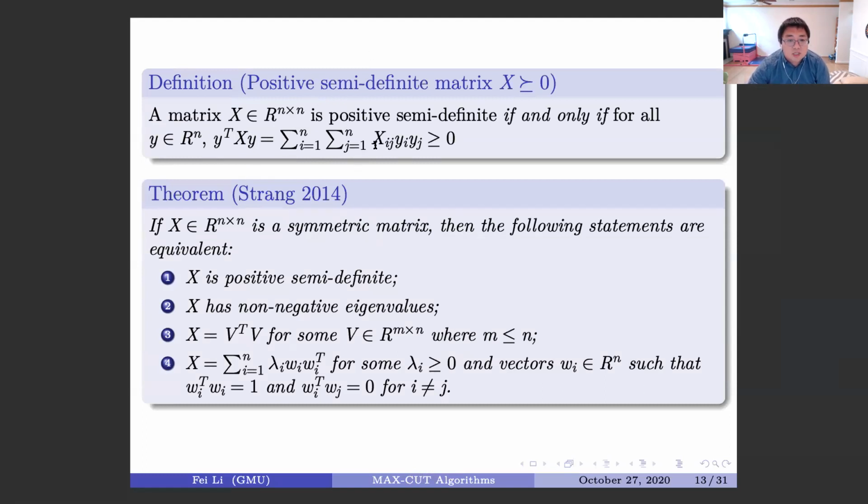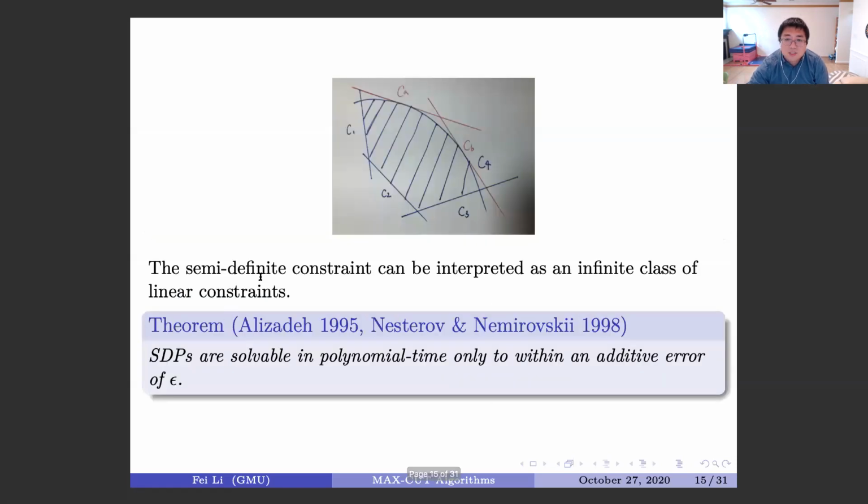This condition is equivalent to saying that the matrix X can be decomposed into V transpose times V. Each column of this V could be regarded as one linear constraint with one set of variables.